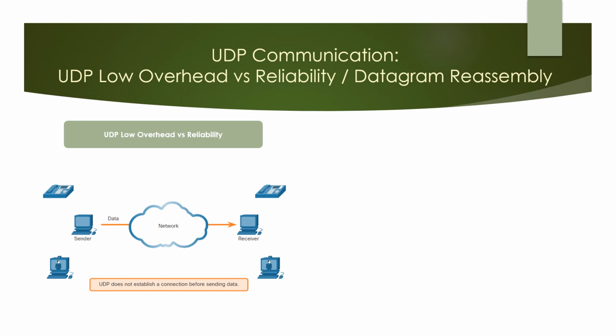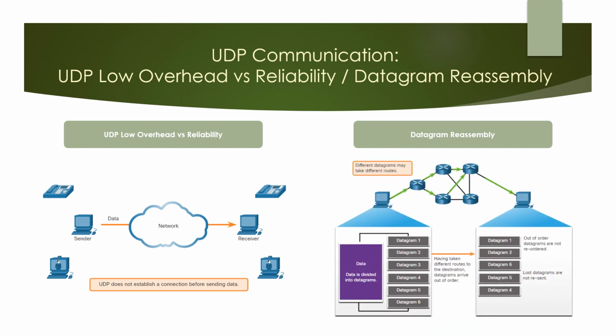Like segments with TCP, when UDP datagrams are sent to a destination, they often take different paths and arrive in the wrong order. UDP does not track sequence numbers the way TCP does. UDP has no way to reorder the datagrams into their transmission order, as shown here in the figure.